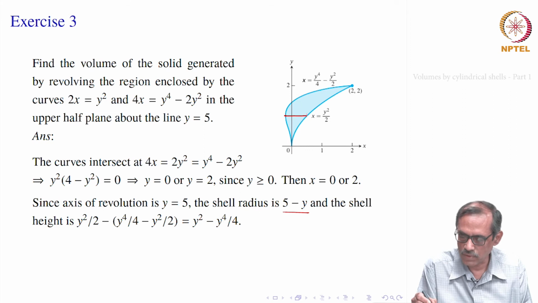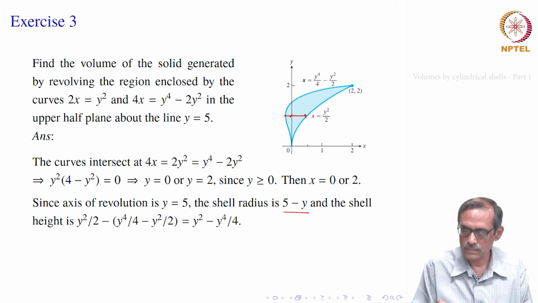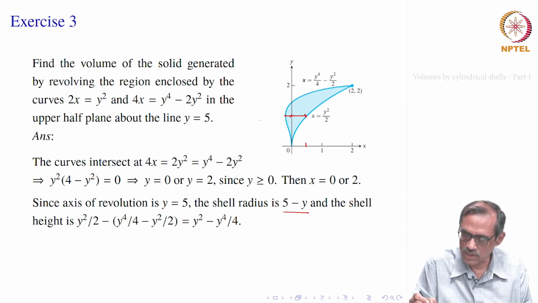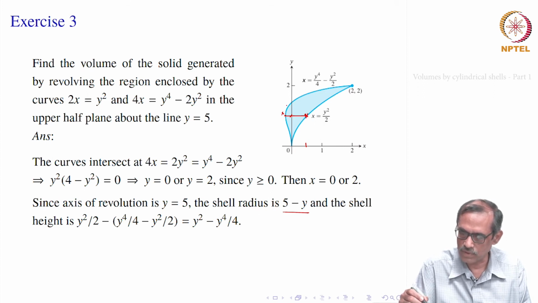So, if you take the first one, say on the right side, it is y square by 2, okay. And then on the other side, it is not this curve, it is the other curve, right, x equal to y fourth by 4 minus y square by 2. So, that is the point.